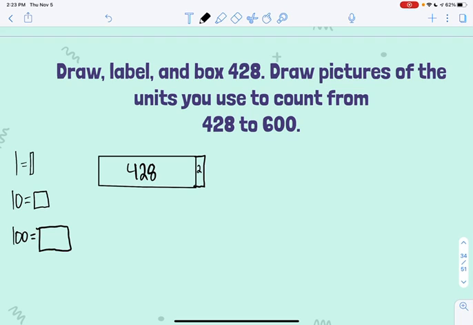How many tens do I need to get to 500? I'll let you think about that for 10 seconds. I have 3 tens. How many more tens do I need to make a 100, which will get me to 500? I need 7. So we're going to go ahead and we're going to draw 7 tens.